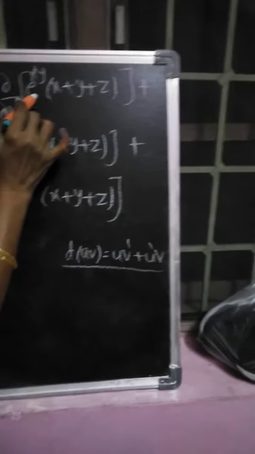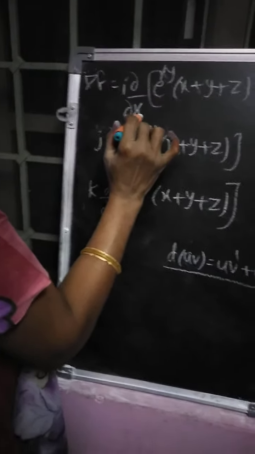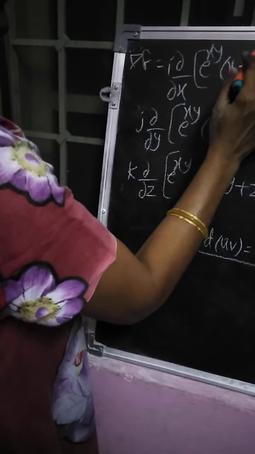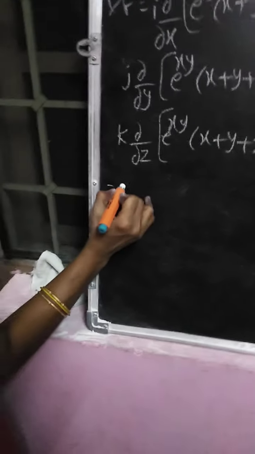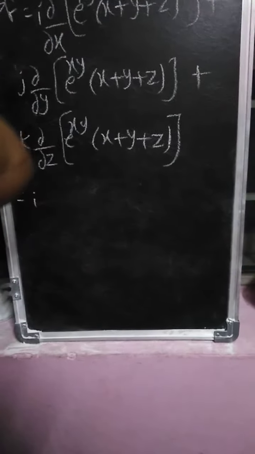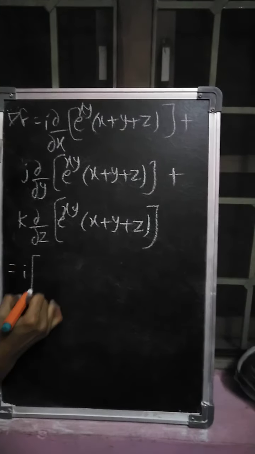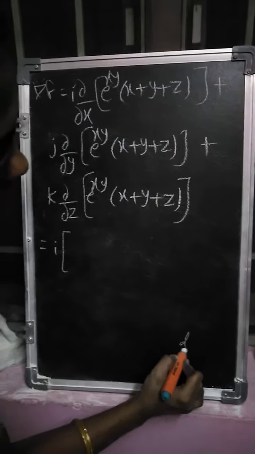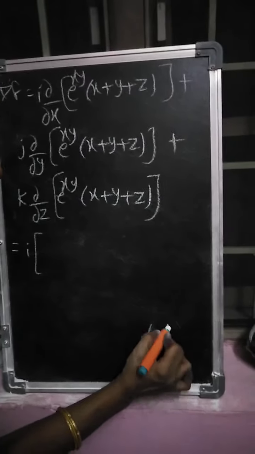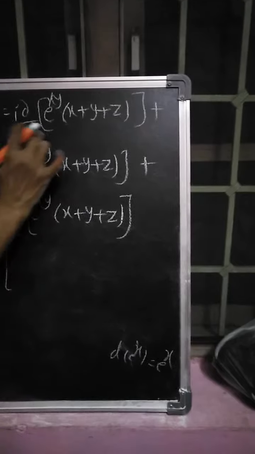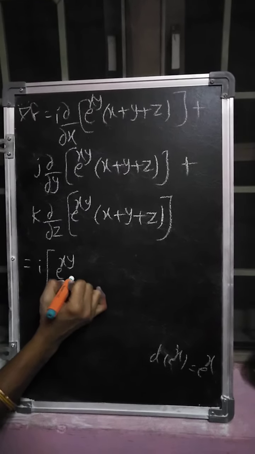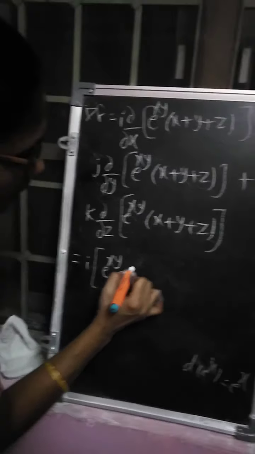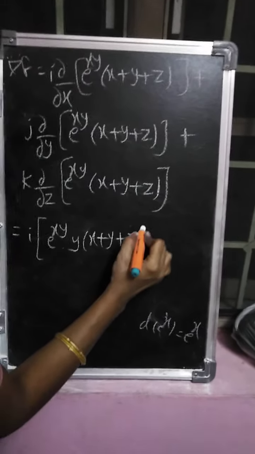Then e power xy is a constant and we differentiate x plus y plus z with respect to x. First, differentiate e power xy: the derivative of e power x is e power x, so e power xy with respect to x gives e power xy into y, since x is 1, into (x plus y plus z).